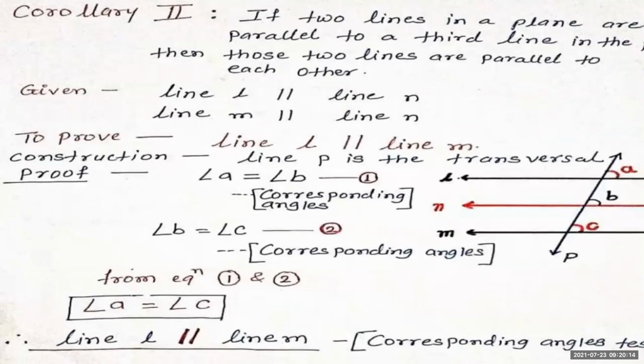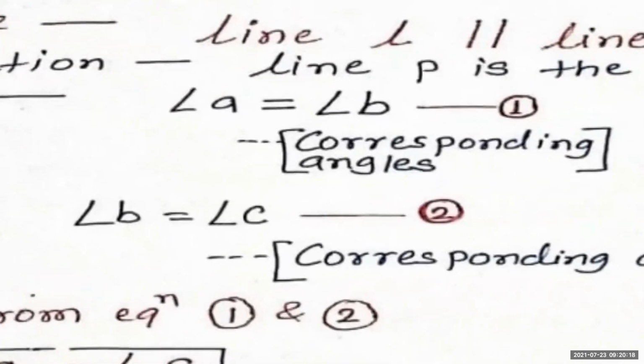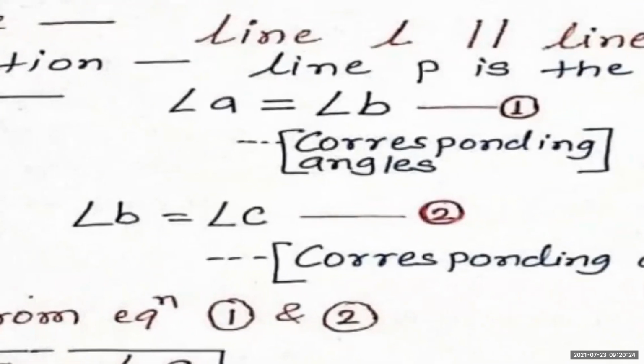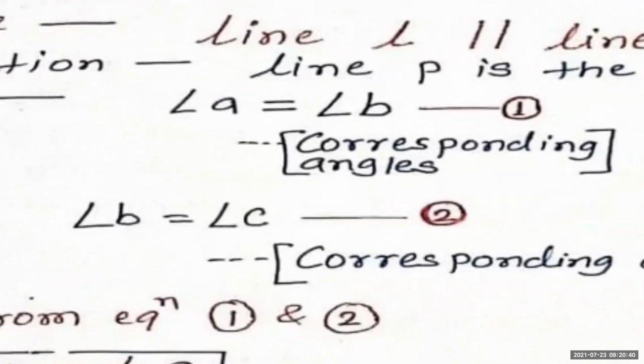So see equation 1 and 2. See it carefully. Equation 1 and 2. Now here the common angle is angle B. In equation 1 there is angle B, and in equation 2 there is also angle B. So if that is common, the rest of the angles from both equations will also be equal to each other.